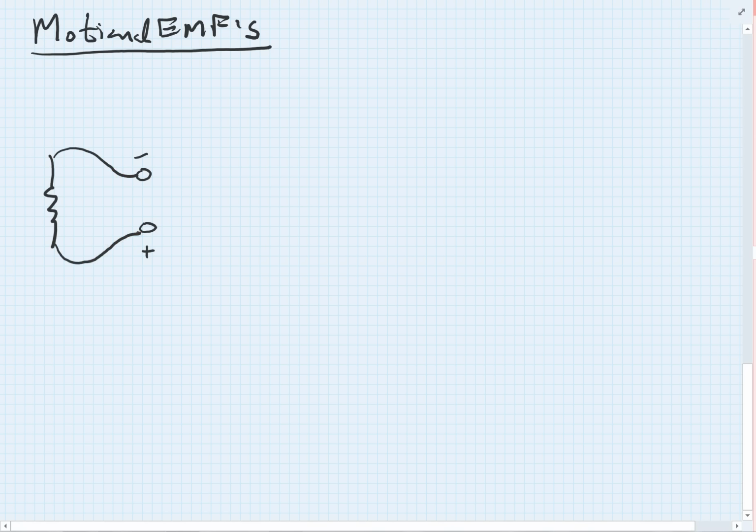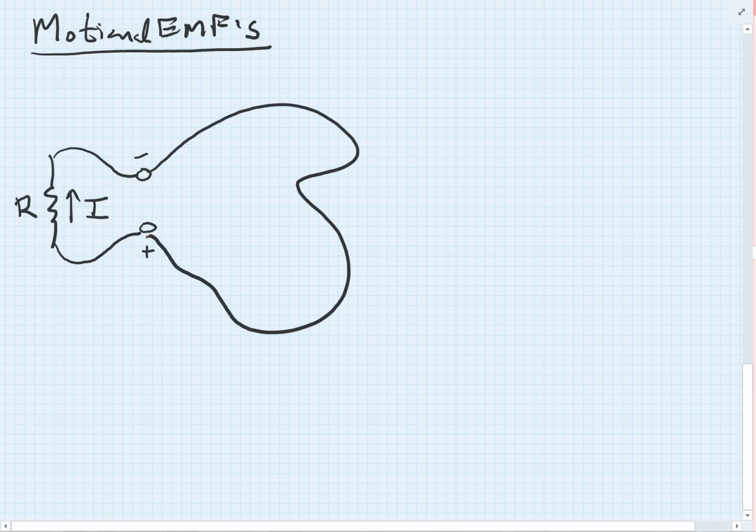Here's my resistance R, and I will be driving some current I through this system from the plus down to the minus terminal. But the way the EMF gets generated between these plus and minus terminals is that I'm going to have some kind of a wire loop, like so, that's moving through some magnetic field and experiencing, therefore, some kind of changing magnetic flux.